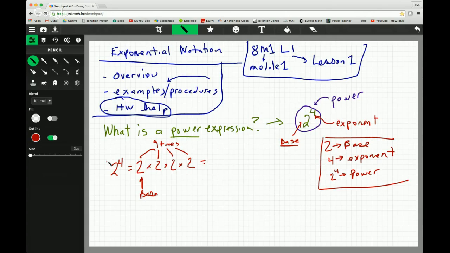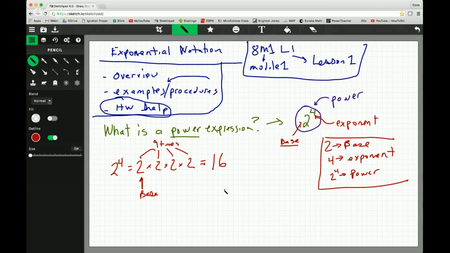So 2 to the 4th is equal to 2 times 2 times 2 times 2, which is equal to 16. So 2 to the 4th equals 16 is the value of this expression. These things are equivalent.